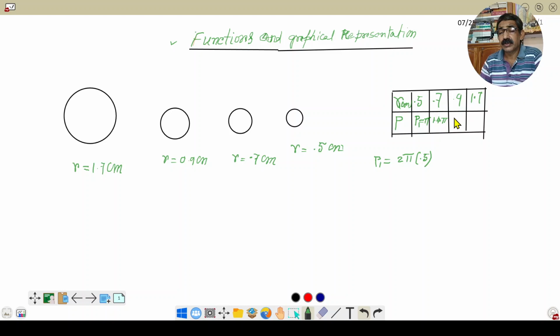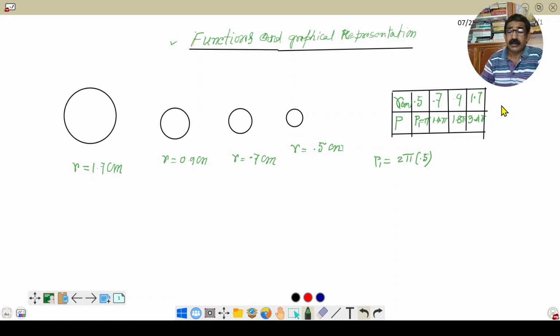For this 1.8 into pi, and for this 3.4 into pi. So the values of the P1, P2, P3 and P4 are ranging from pi to 3.4 pi, and the value of R is ranging from 0.5 to 1.7 centimeter.